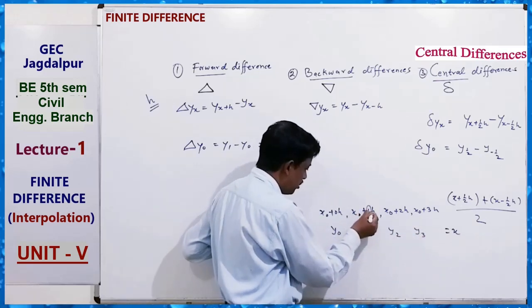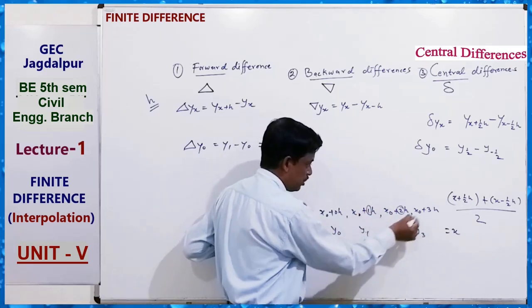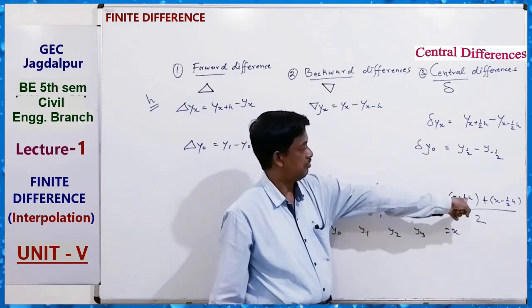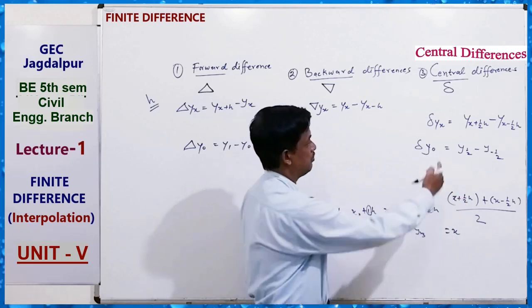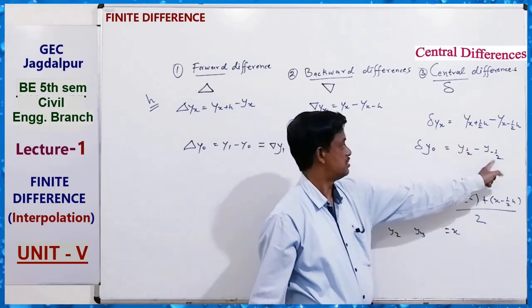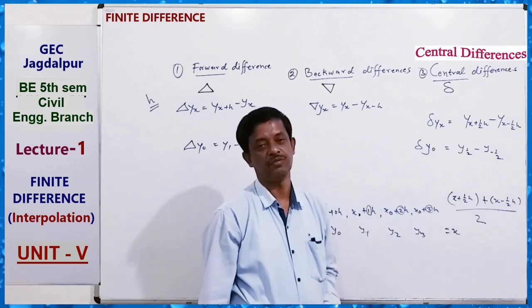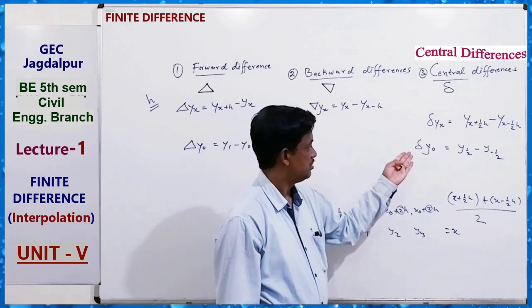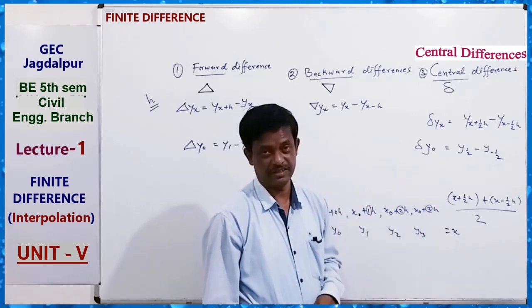If y1 means 1, y2 means 2, y3 means 3, then here it is half. So y half is this, y minus half is that, and this minus this means δy0. So this is the notation for central difference.